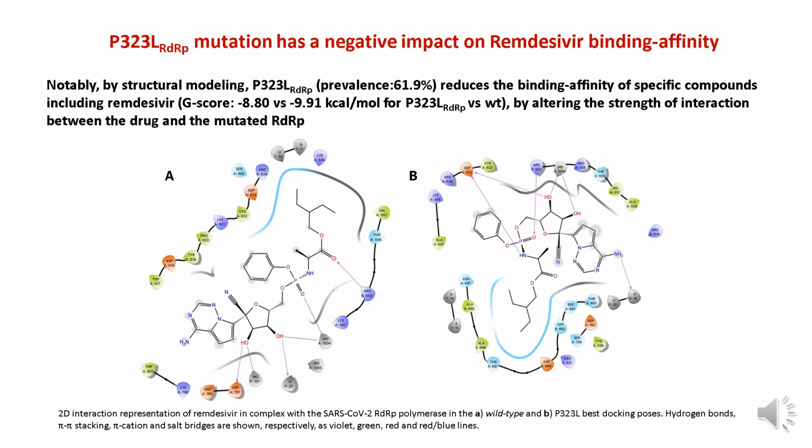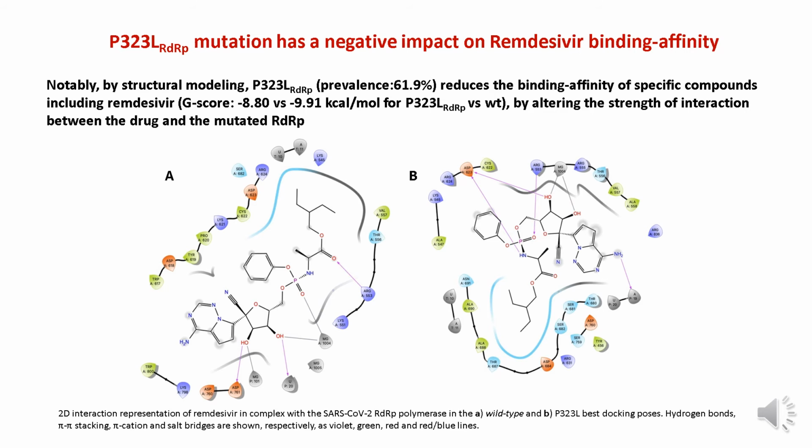This reduced binding affinity can be explained by the fact that this mutation reduces the interaction between the enzyme and the drug, suggesting that the P323L mutation might act as a natural drug resistance mutation, potentially hampering the full effectiveness of a specific antiviral treatment.